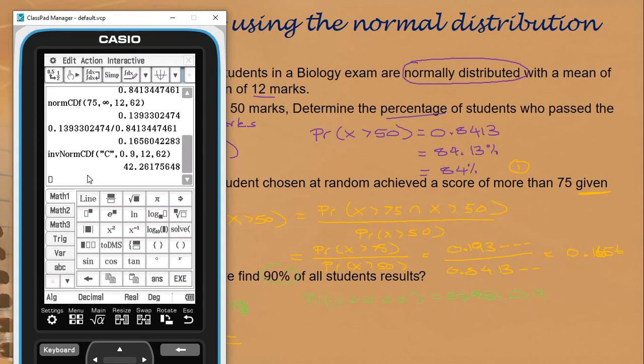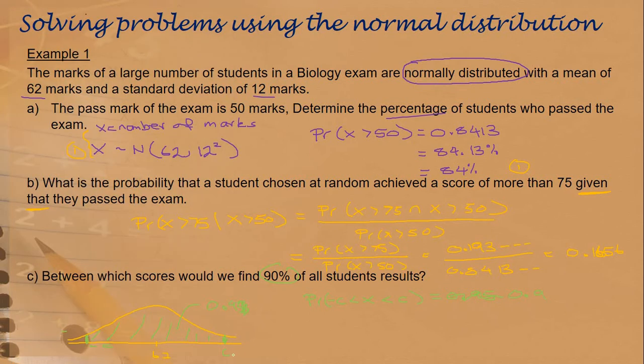Okay. And we're getting a value of 42.26. That's clearly going to be our smaller value, the one that's lower.